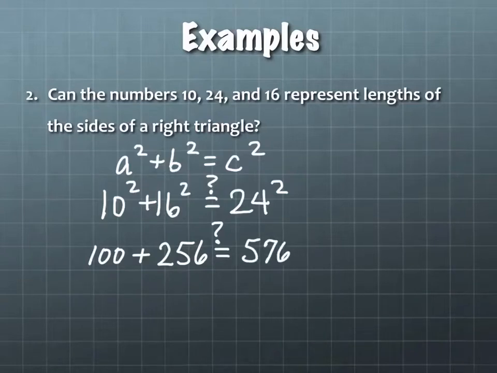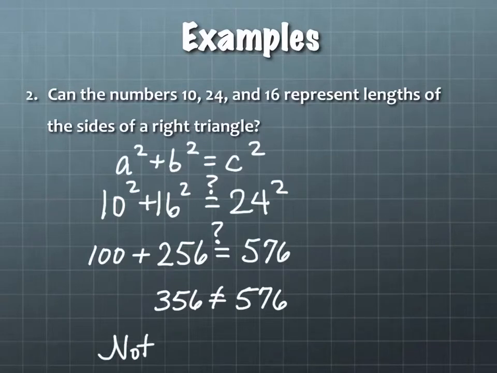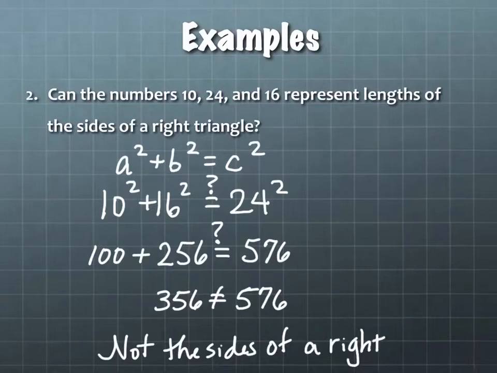Okay, so if I simplify the left-hand side, what do I get? 356. So, what do you think? No, these aren't equal, right? So because these aren't equal, what can I say? Right, this is not the sides of a right triangle. It could still be a triangle.